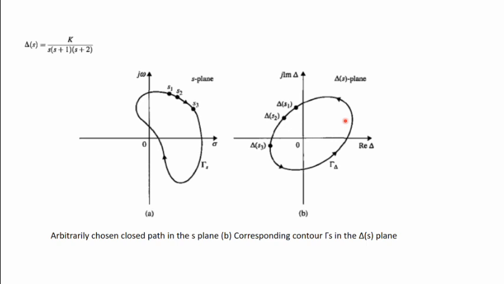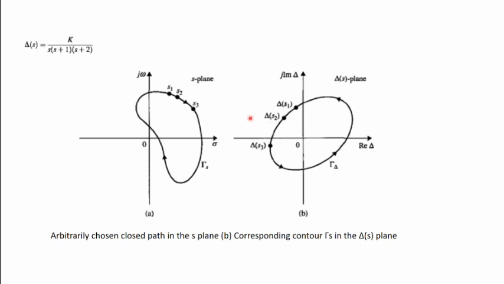This relation is an onto relationship, that is for one value of S there is only one value of delta, but for one value of delta there can be more than one value of S, here three values of S. So this is called an onto relationship.